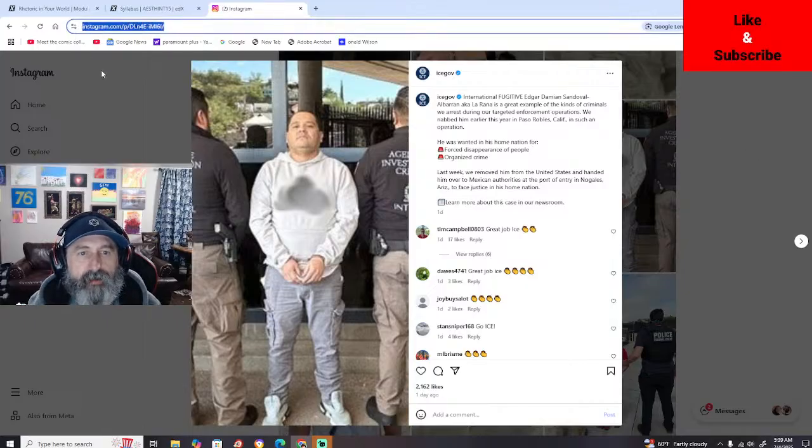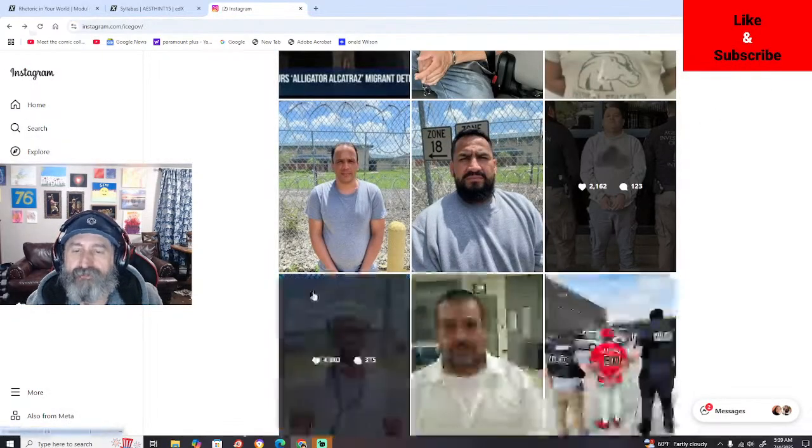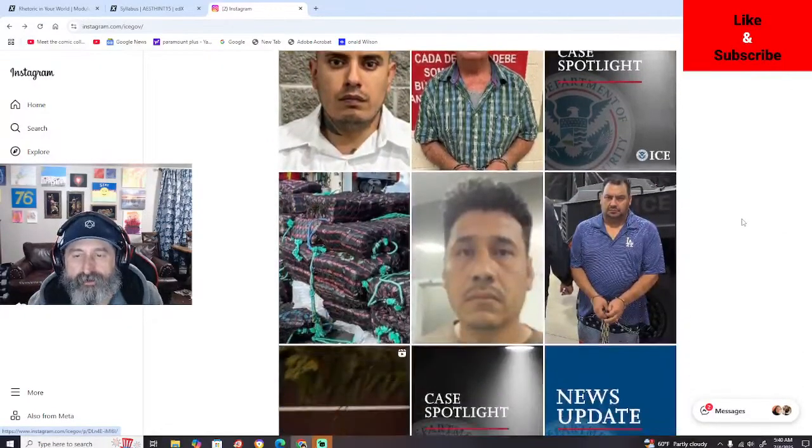We're going to grab this. So as you can see, ICE is using the "hey, we're grabbing criminals" approach by posting pictures of the criminals they are grabbing. This is part of a political campaign, in all honesty.